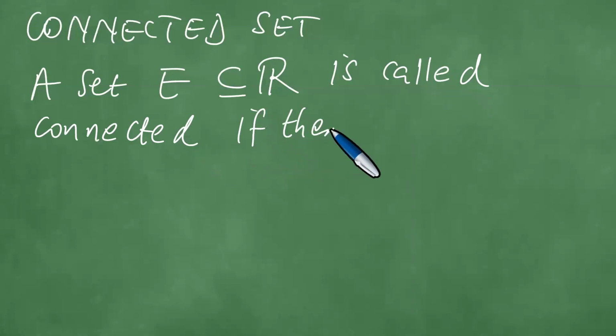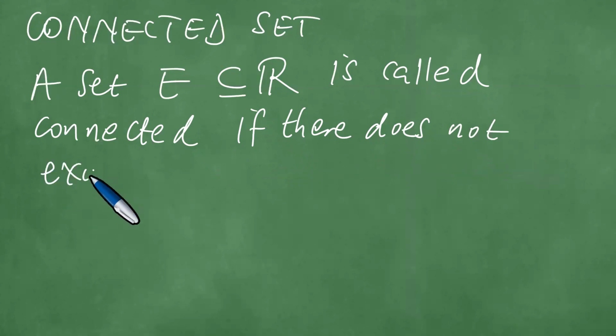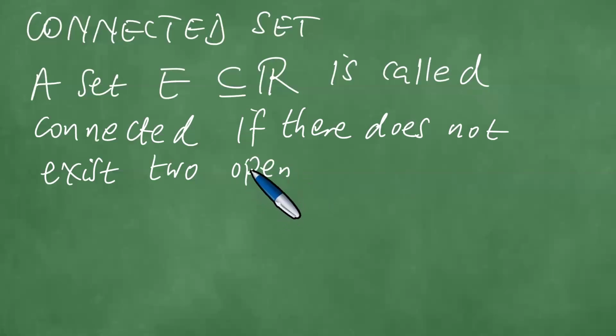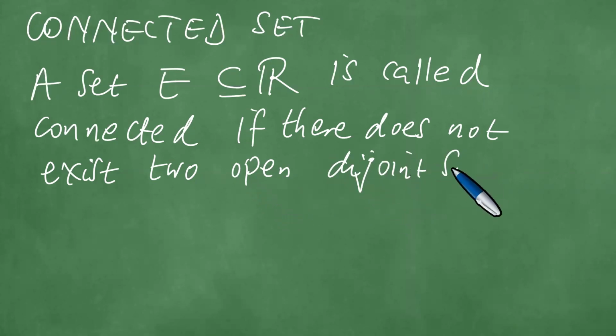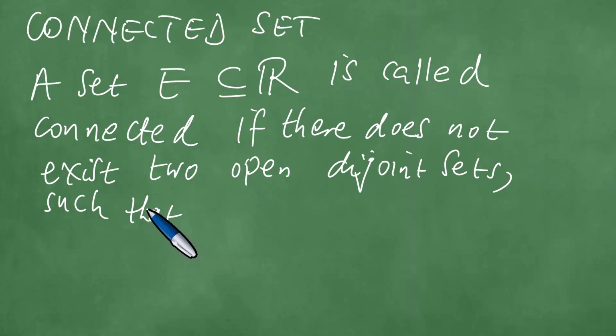A set E is called connected if there does not exist two open disjoint sets such that... Okay, let's first understand what is happening here.